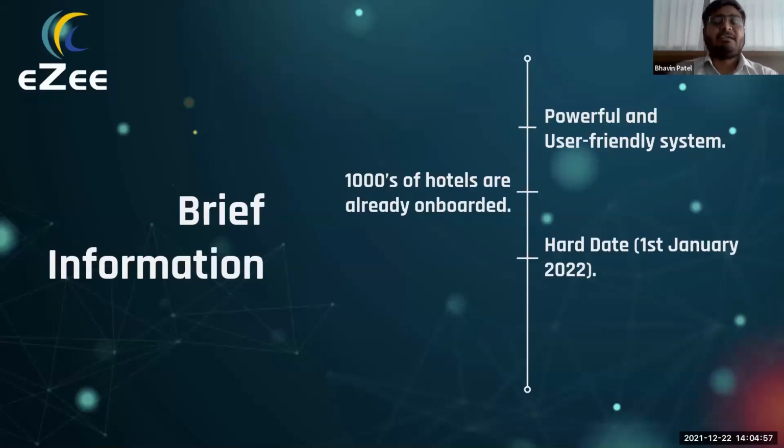In case you have not yet enrolled in the new user interface, I would request you to please reach out to your eZee representative and ask them to switch you to the new user interface as soon as you can. In today's webinar, we will be seeing how user-friendly the new user interface is, and how we can perform the basic operations that are performed by our hotel partners on a daily basis.